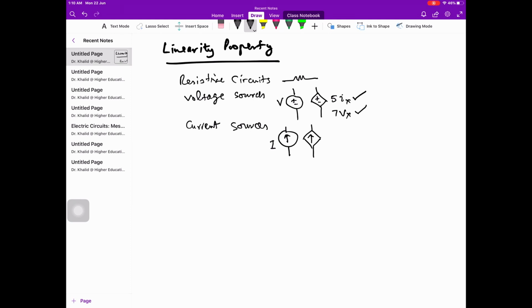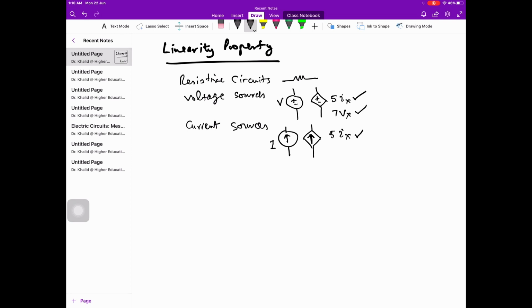And similarly the second one, a dependent current source, we may have 5 Ix over here. So the coefficient may be any. 5 Ix means the current flowing through this dependent current source is 5 times Ix. What is Ix? Ix is any current in the circuit. Now this dependent current source depends on a current variable or current signal, and this current may be a current through some circuit element.